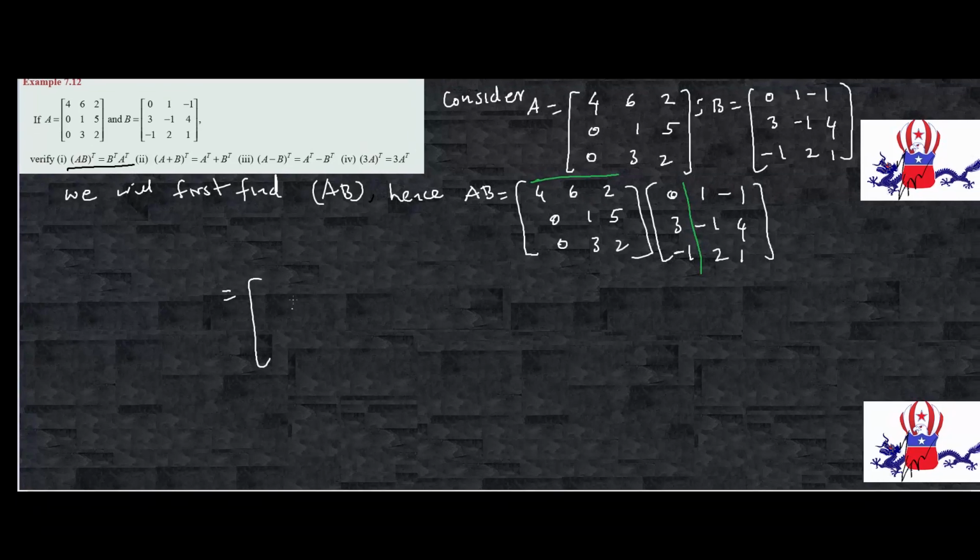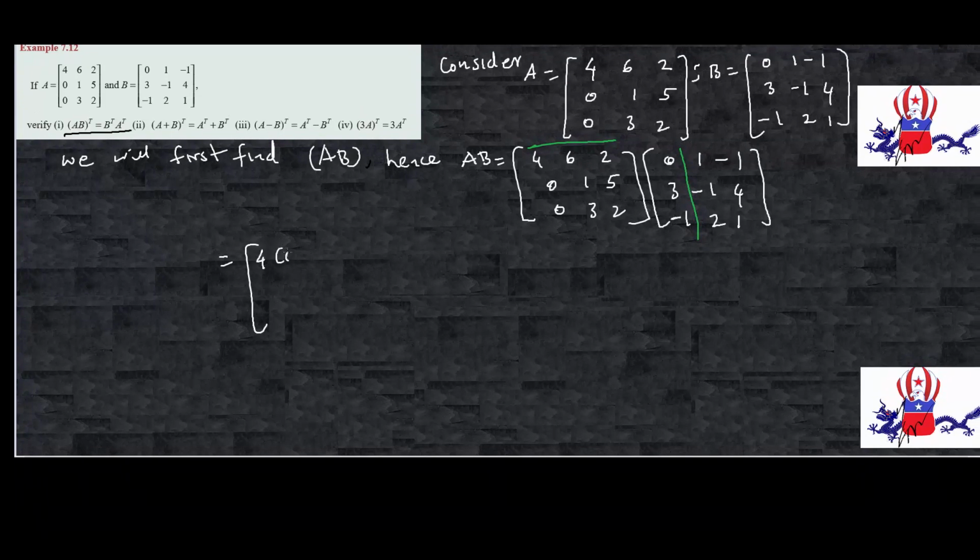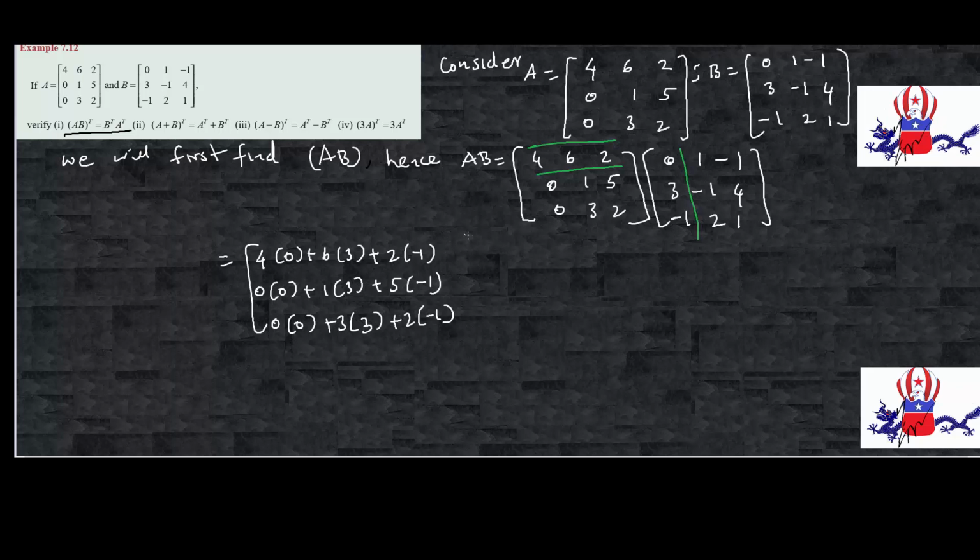That would give us 4 times 0, positive 6 times 3, positive 2 times negative 1. Now I would take the second row with the first column: 0 times 0, positive 1 times 3, positive 5 times negative 1. Following it up: 0 times 0, positive 3 times 3, positive 2 times negative 1.